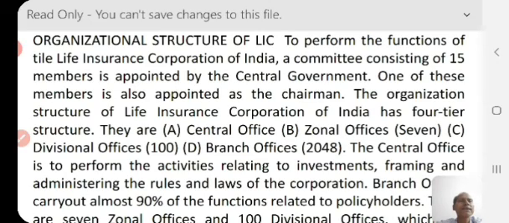The organizational structure of Life Insurance Corporation of India has a four-tier structure.